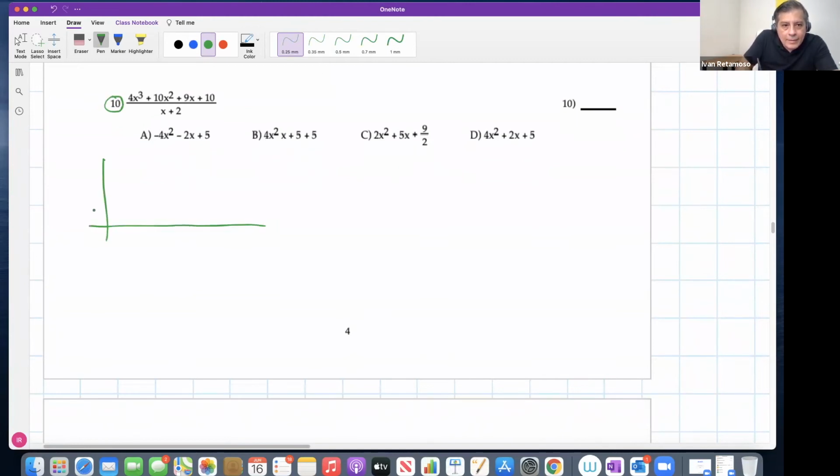Look, I'm going to start this out for you. Remember, the divisor determines this number, which is always the opposite. Opposite of +2 is -2, right?